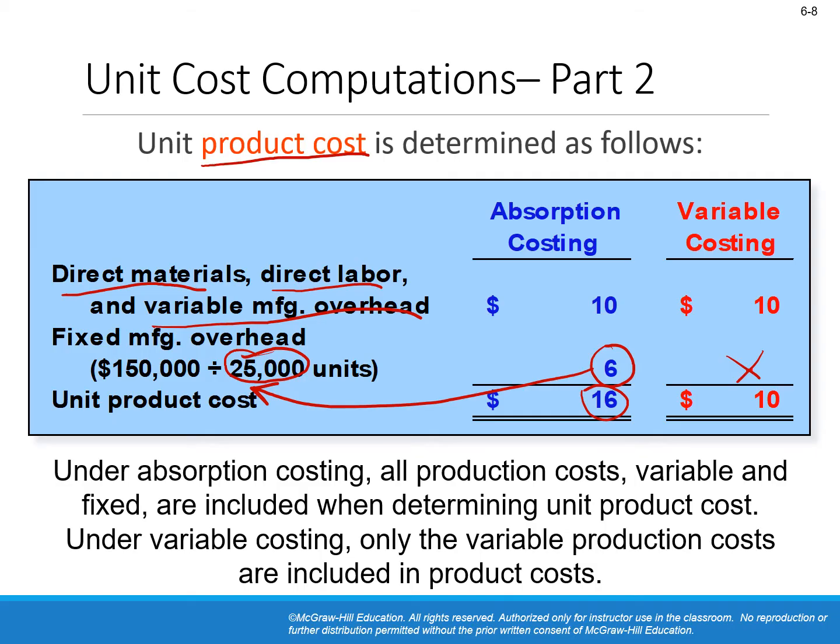So if you think about it now, an income statement prepared under absorption costing, the cost of goods sold will include 20. Let's assume that this company sold 20,000 units. So 20,000 units multiplied by 16.